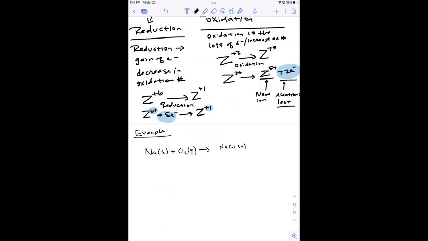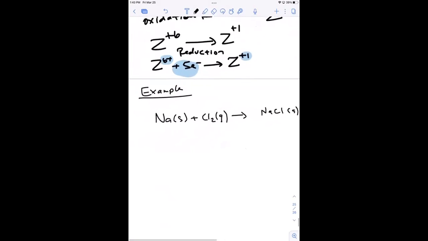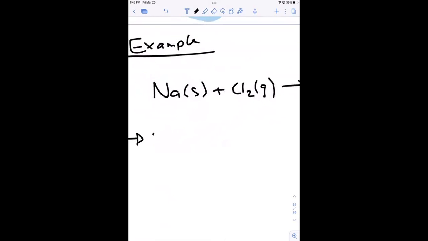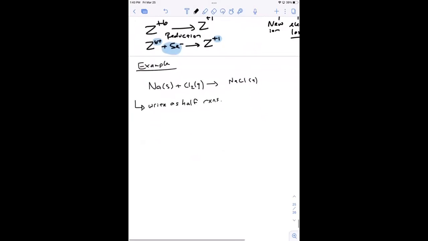All right. But the point is that this is a redox reaction. So we can write this. Some redox reactions we break down into what we call half reactions. So we write them as half reactions, right?